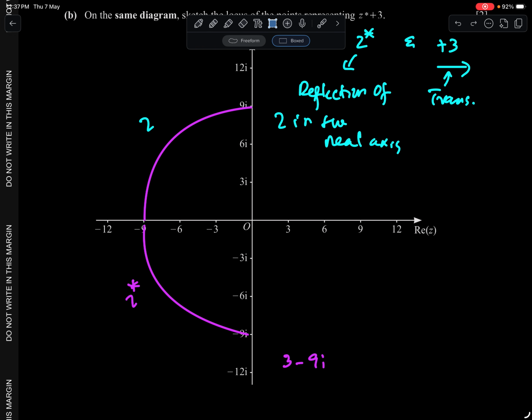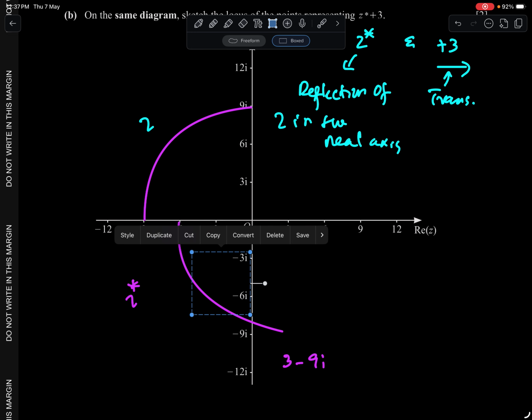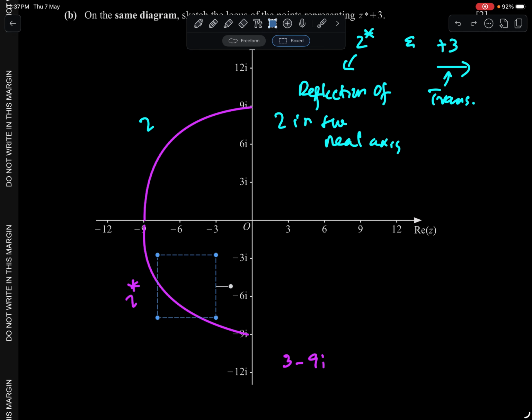Let me show this. If I shift this to 3 units right, I'll get this result. Okay, I'm copying this.